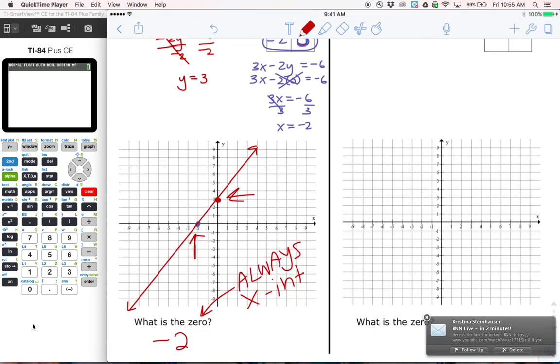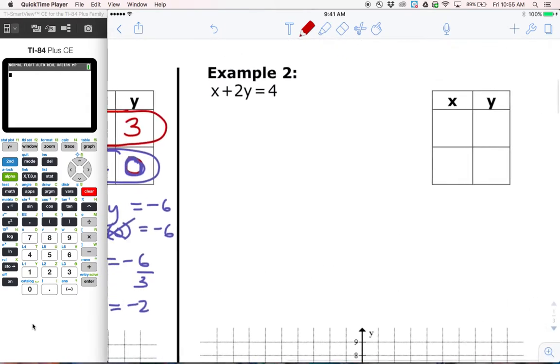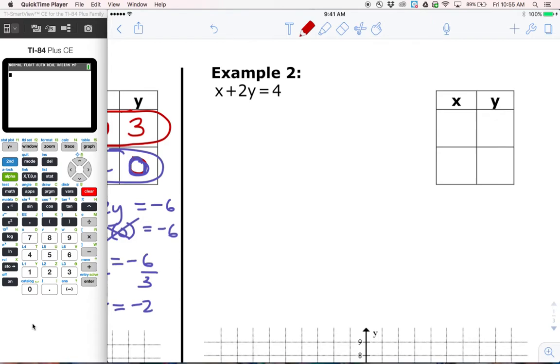All right. We're going to look at example number 2. Here we go. Example number 2, x plus 2y equals 4. Let's deal with what happens when x is 0. If x is 0, then I have 0 plus 2y equals 4, which is just 2y is equal to 4, which means that y is equal to 2.